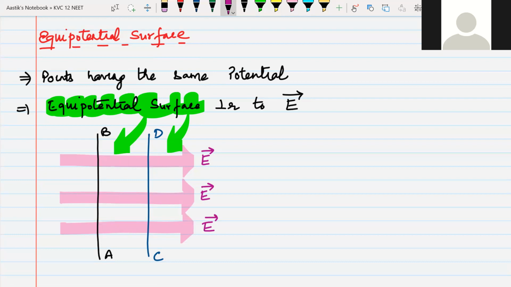Which surface do you think would be at a higher potential, my dear friends?